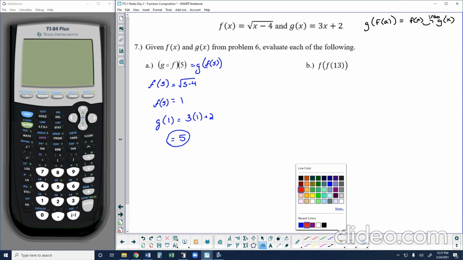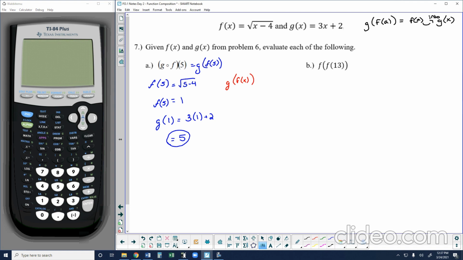Now again, this method was by evaluating first f of 5 and then g of that result. I could have first found g of f of x. So I could have taken f of x and substituted that into g of x, which is 3 times root x minus 4 plus 2. And then found g of f of 5 by substituting in 5.